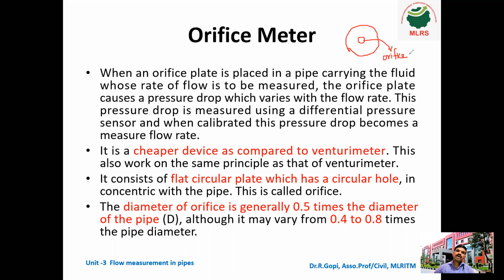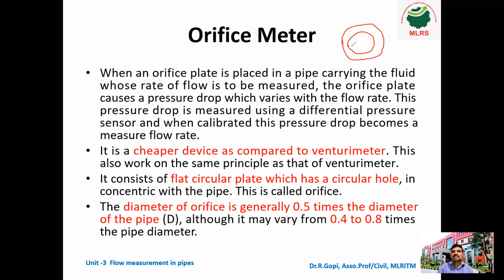So what is an orifice meter? An orifice meter is also a discharge measuring device, and the formula is the same as for the Venturi meter. When an orifice plate is placed in a pipe, suppose this is the pipe diameter and this is the orifice plate.